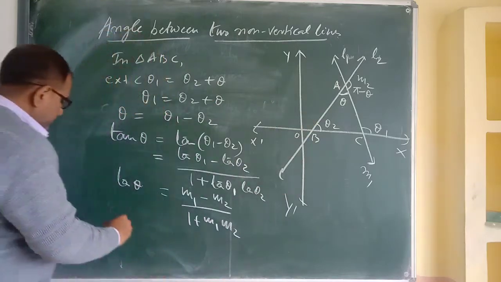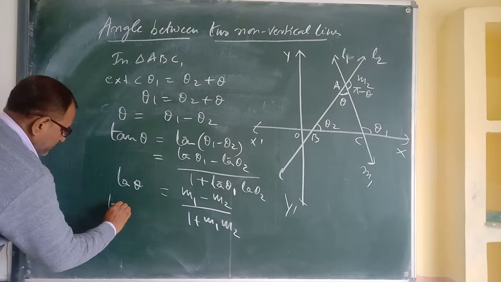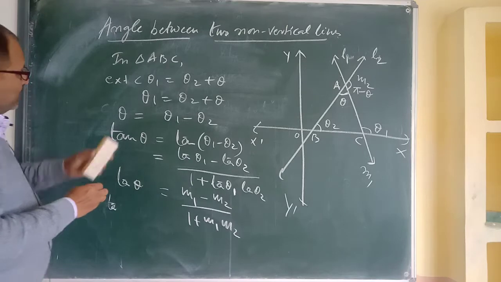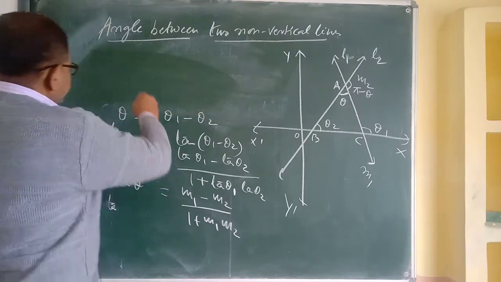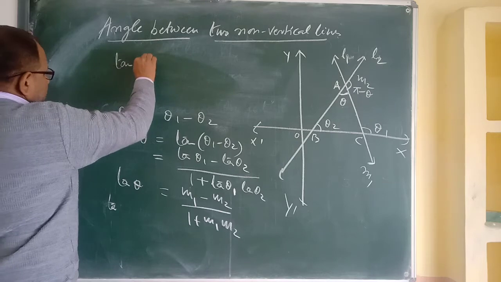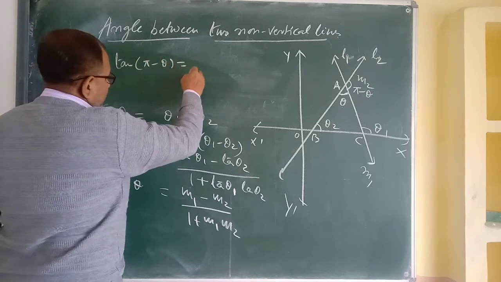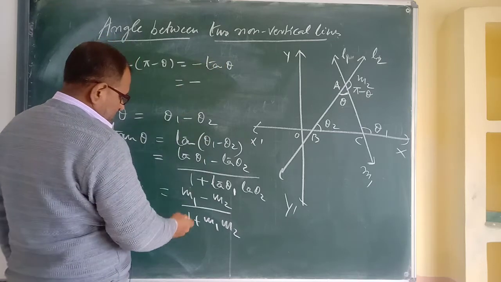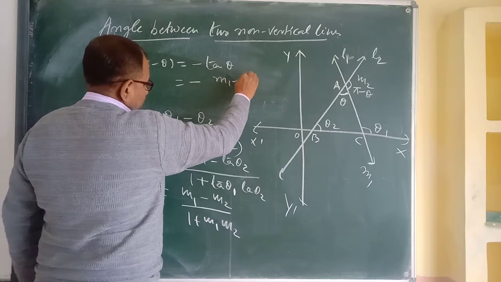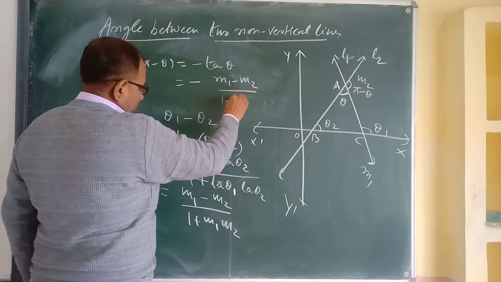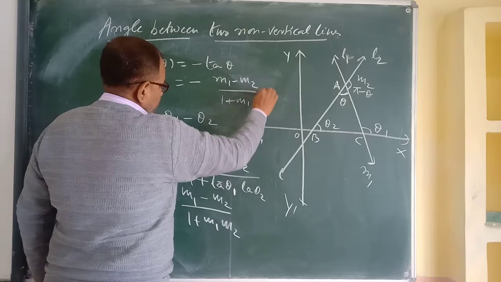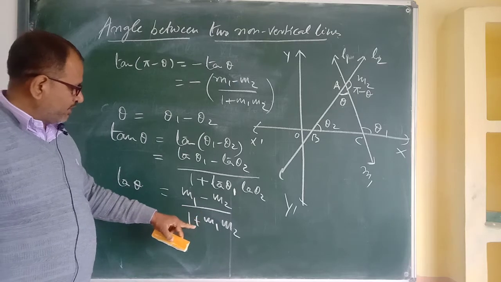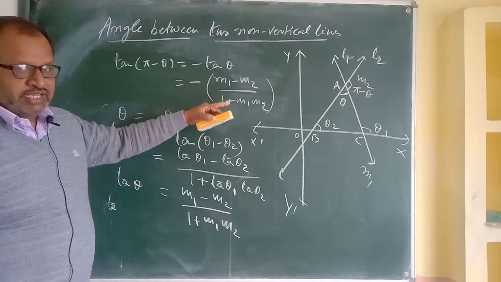Tan of pi minus theta, we know that it is minus tan theta. So minus m1 minus m2 upon 1 plus m1 m2. So for one angle it will be m1 minus m2 upon 1 plus m1 m2, and for the other with the negative sign.